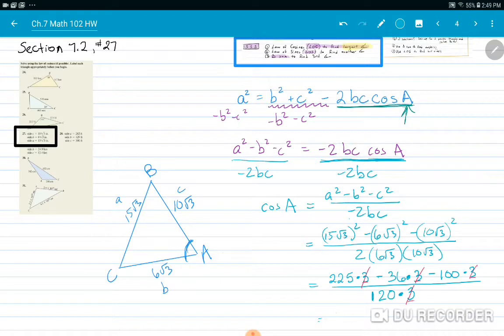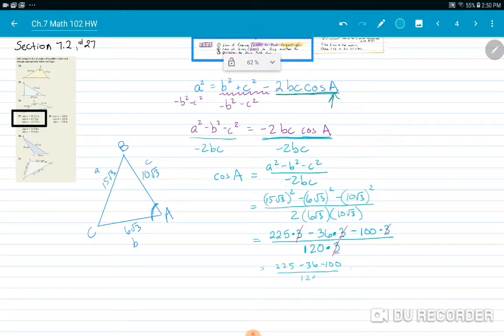So now I have 225 minus 36 minus 100 all over 120, which is 125 minus 36. Yeah, 89 over 120.